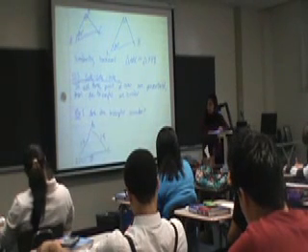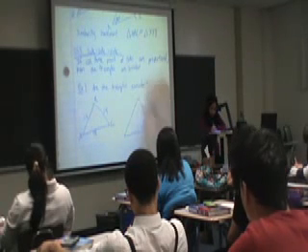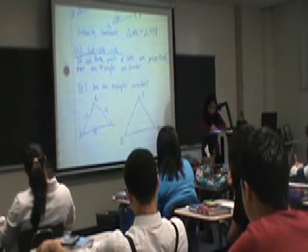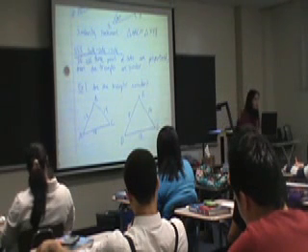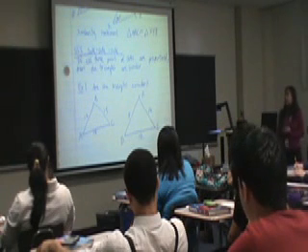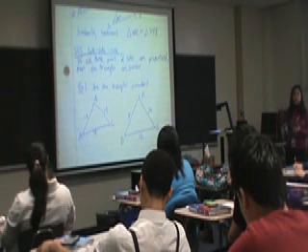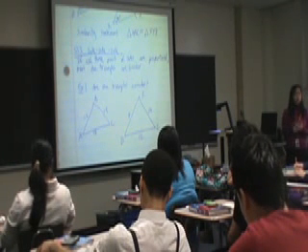They could give you one triangle here, and then they could give you another one. In order to use side, side, side to show that they're similar, you have to show that all three ratios are equal.